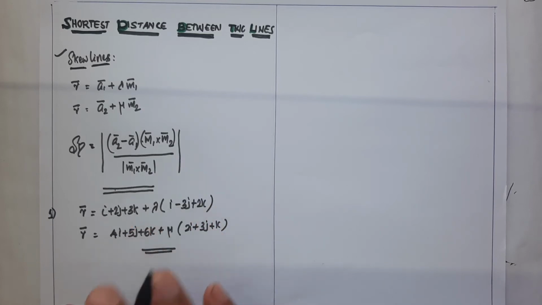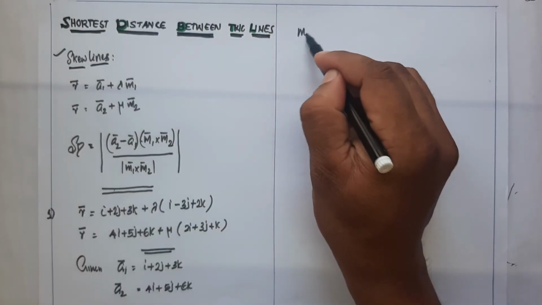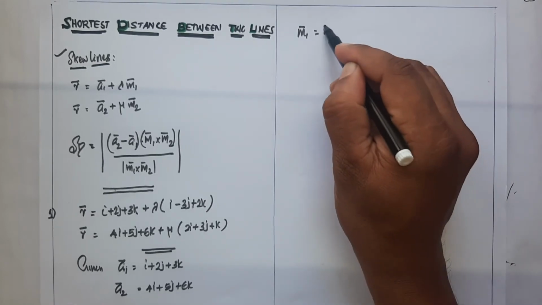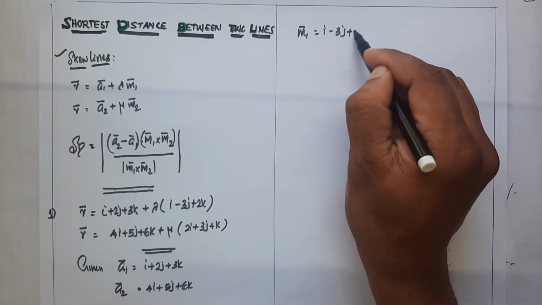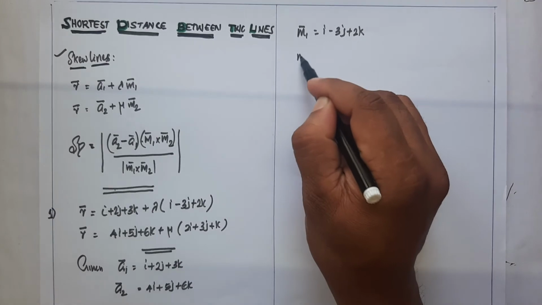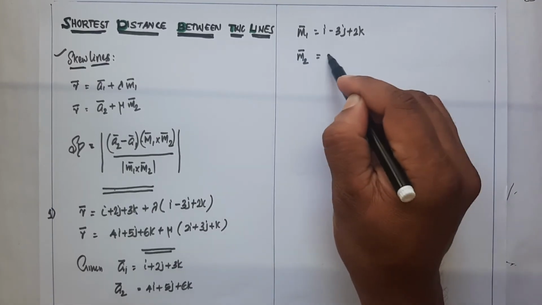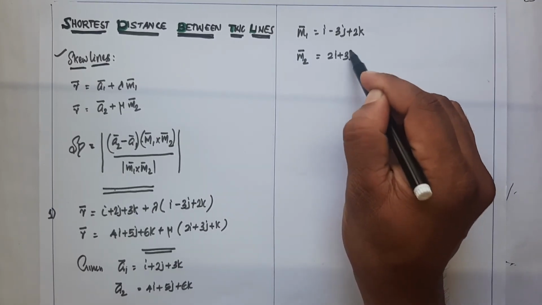First of all, you write a1, a2, m1, m2. Here given vector a1 means first line passing point is i plus 2j plus 3k. a2 means second line passing point is 4i plus 5j plus 6k. Then vector m1 is i minus 3j plus 2k and m2 is 2i plus 3j plus k.